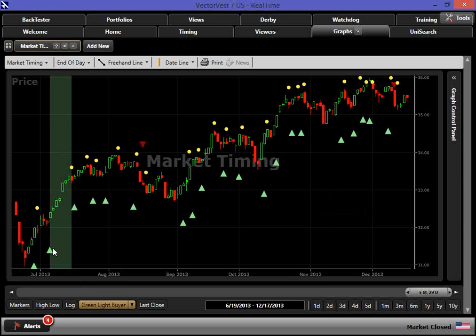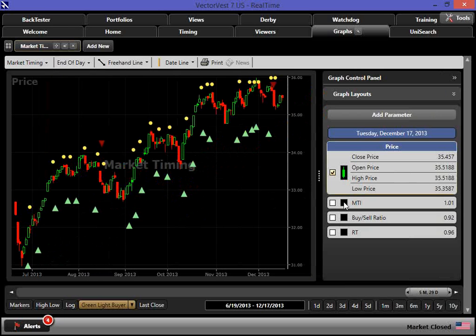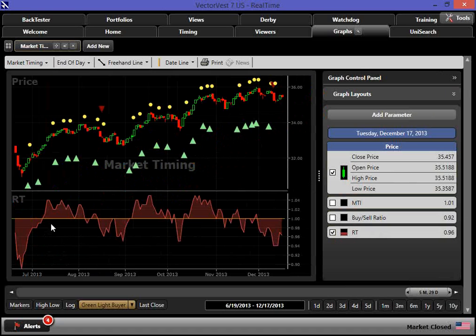The next step we take is we slow this down by trying to make sure that we have upward momentum in that price move. In our market timing system, we have RT, if you remember, and RT tells us whether or not price is trending upward or not.